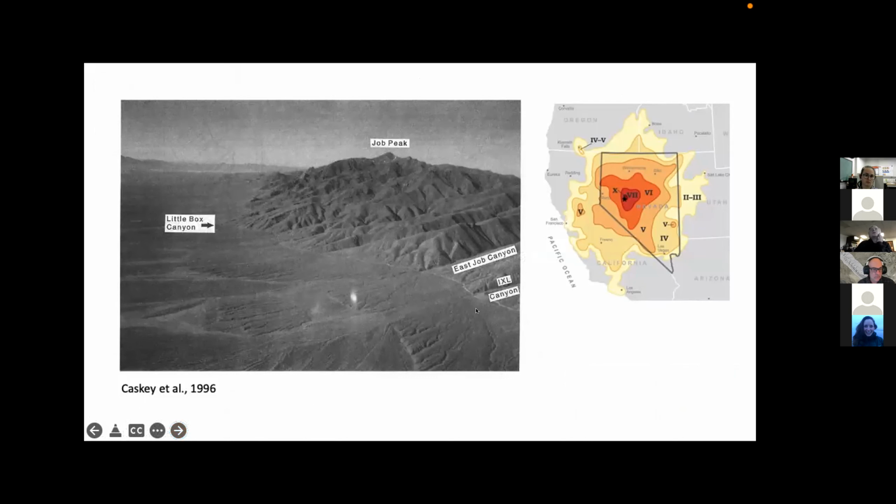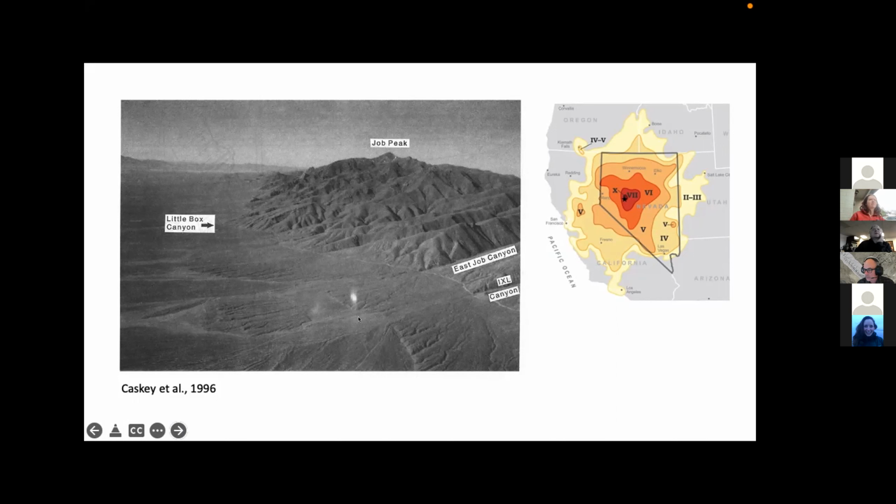This is just a photo of the Dixie Valley rupture. Distributed channels out here and scarps preserving these older surfaces.